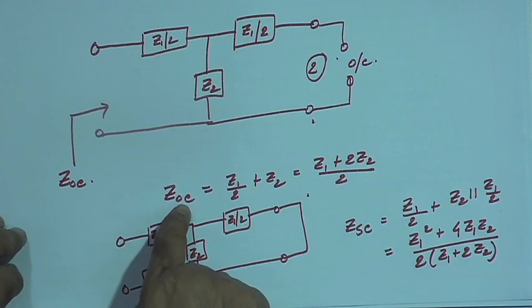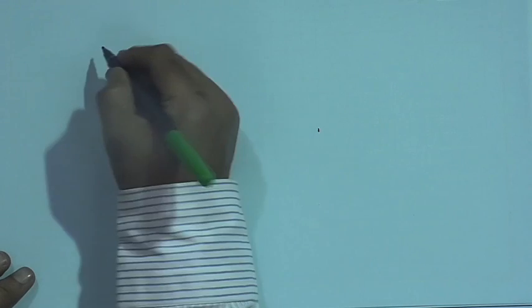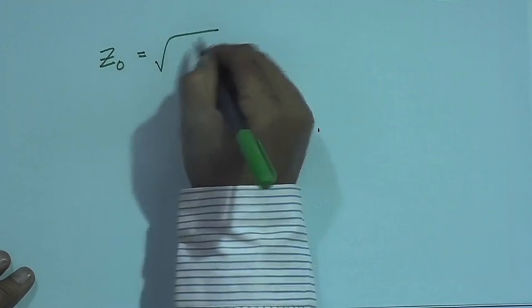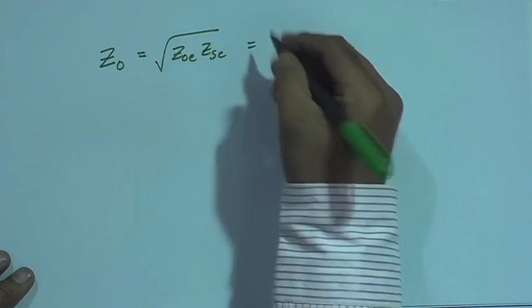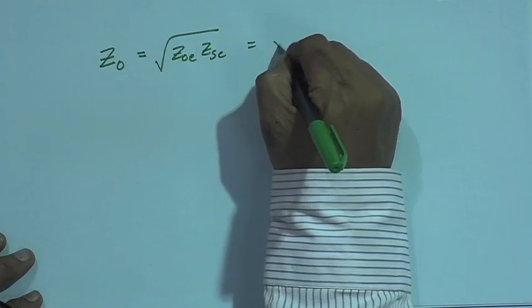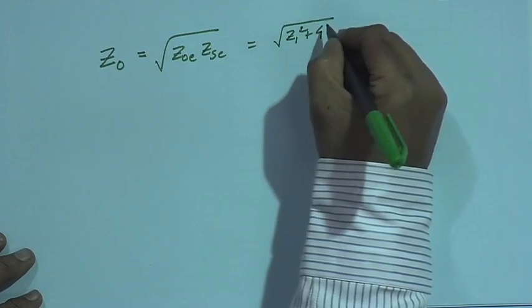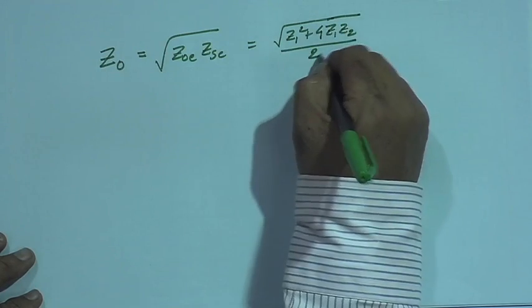So, I got ZOC, I got ZSC. So, I can easily now find the characteristic impedance Z0, and if you put, it becomes root over Z1 square plus 4 Z1 Z2 by 2.